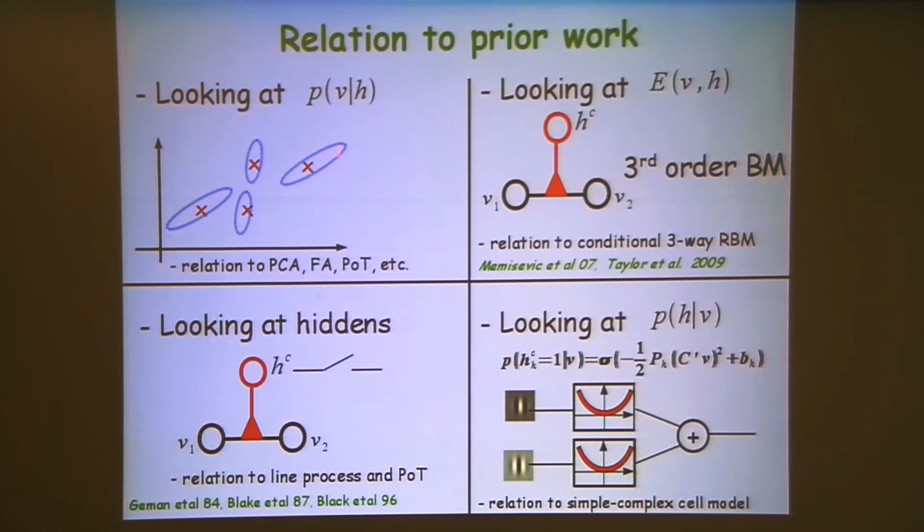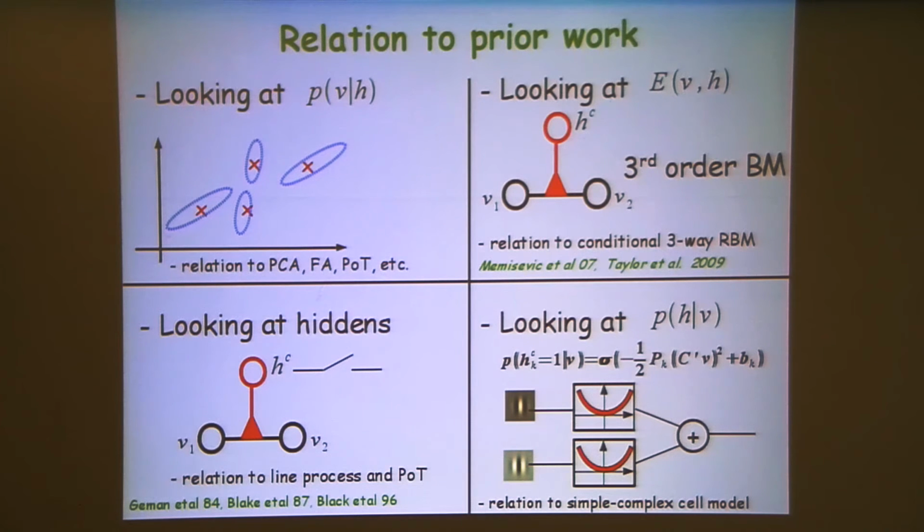And it can be seen as related to PCA, factor analysis, and product of Student T. If we look at the conditional distribution over the input, it can be seen as a third order Boltzmann machine because you have an energy function where you have products of triplets, 2 pixels and 1 latent variable, and that links to the work on third order Boltzmann machines that Roland Memisevich is going to talk about later this week, and the work that also Graham has been working on.